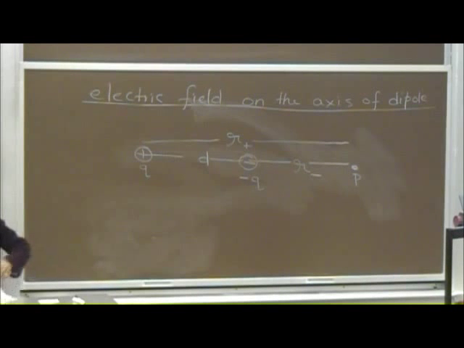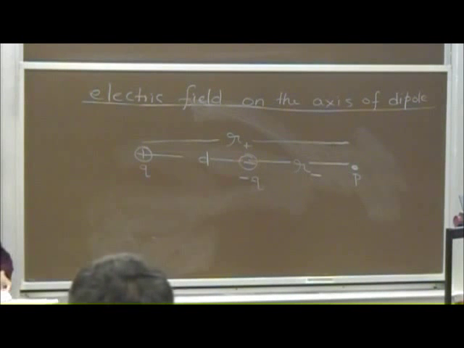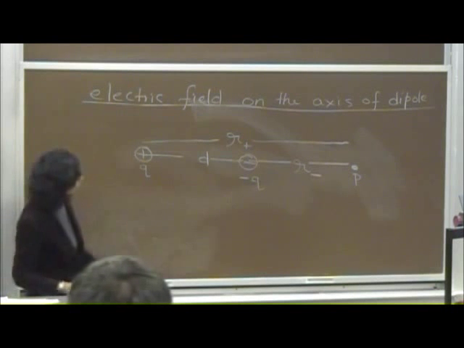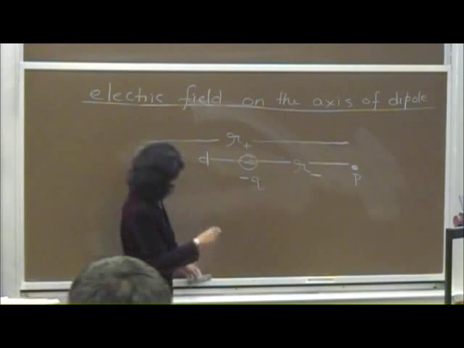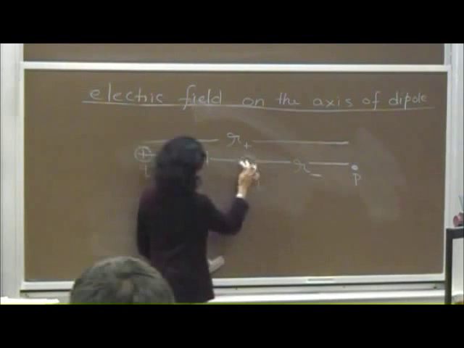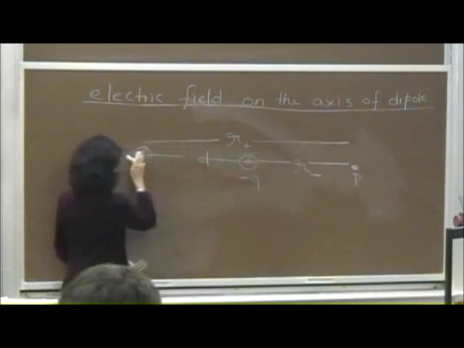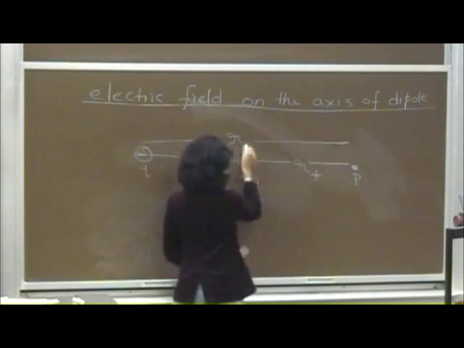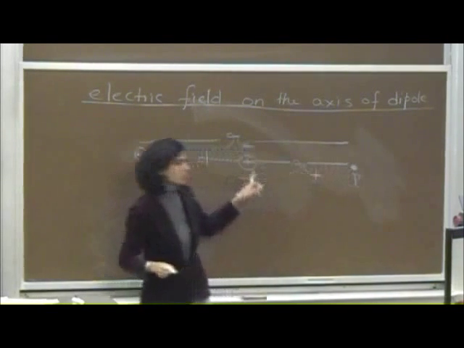Just to be consistent with your book, let's actually find it on the same side on which they found the electric fields. Okay, so I think what we are going to do is we are going to be consistent with your textbook. And so in your textbook, they call this charge positive here. It doesn't really matter. They call this charge negative. So let's take this plus and minus. So in other words, the point P was closer to the positive charge.